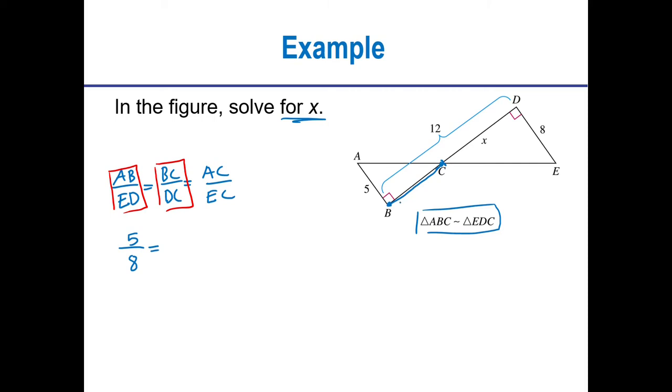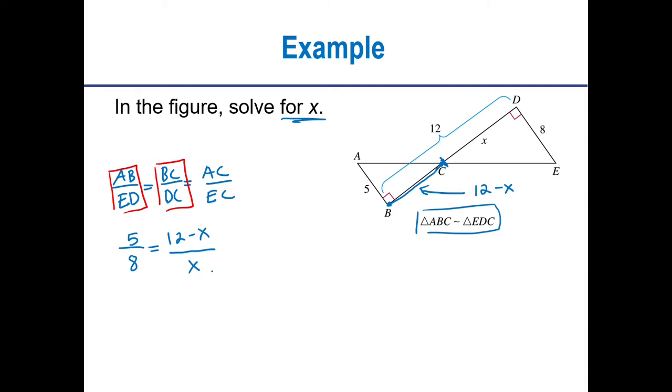So in order to find BC, this will be equivalent to 12 minus x, because the whole length is 12, and we want to subtract x to find out what the segment BC is equivalent to. And DC is x.